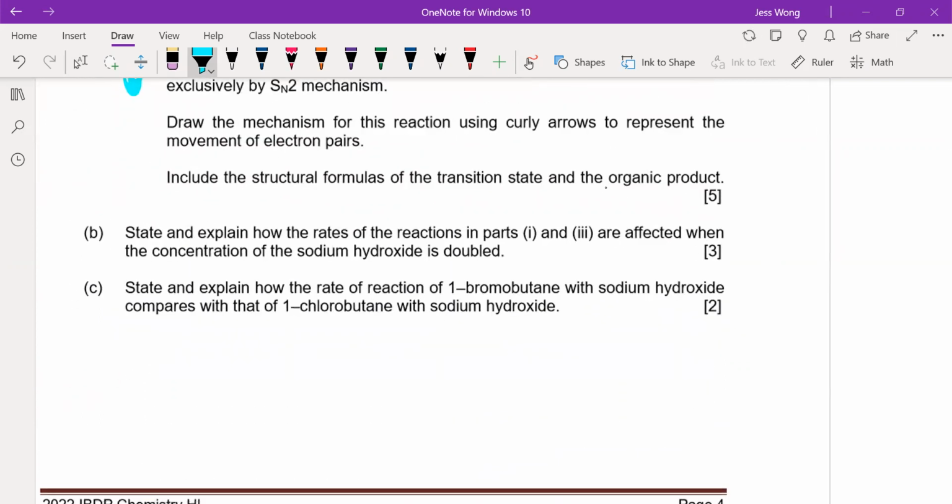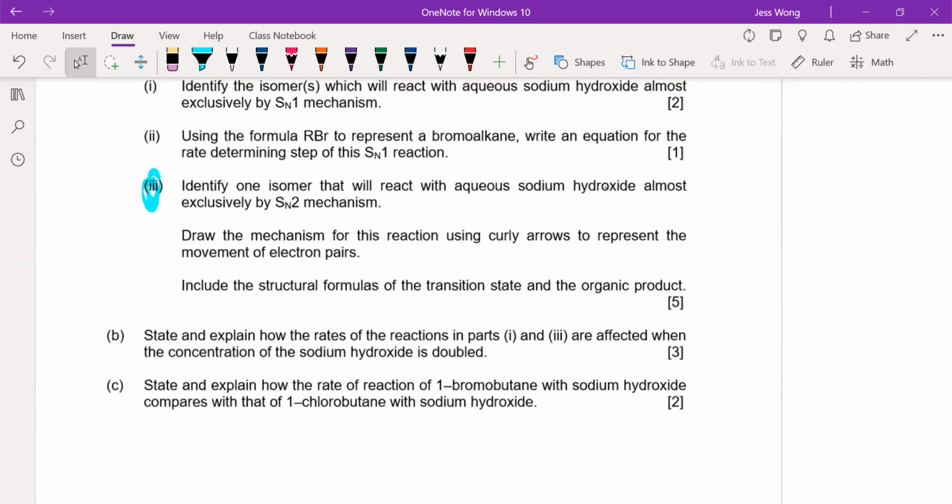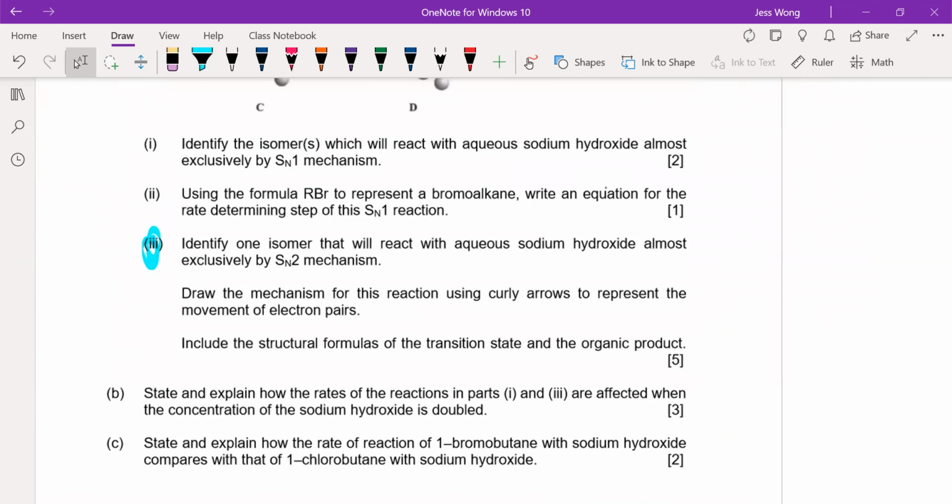Okay, state and explain how the rates of part 1 and part 2 are affected when NaOH is doubled. So let's look at part 1. If you look carefully, part 1 here is about SN1. The 1 here tells you unimolecular.